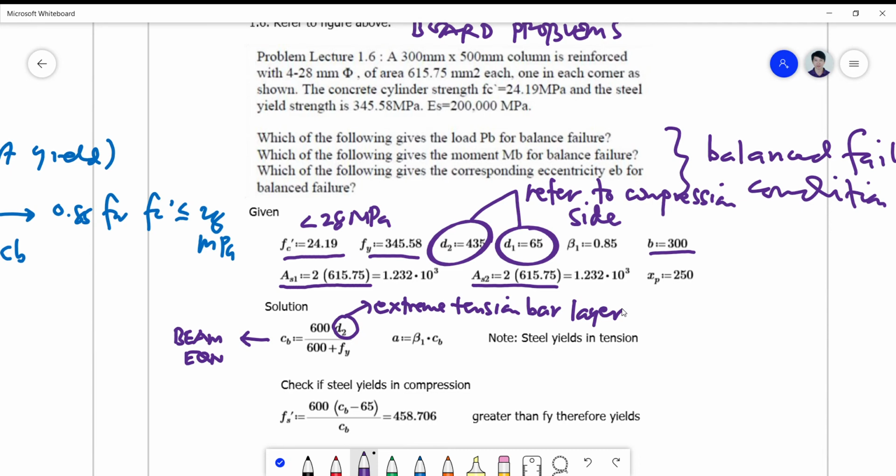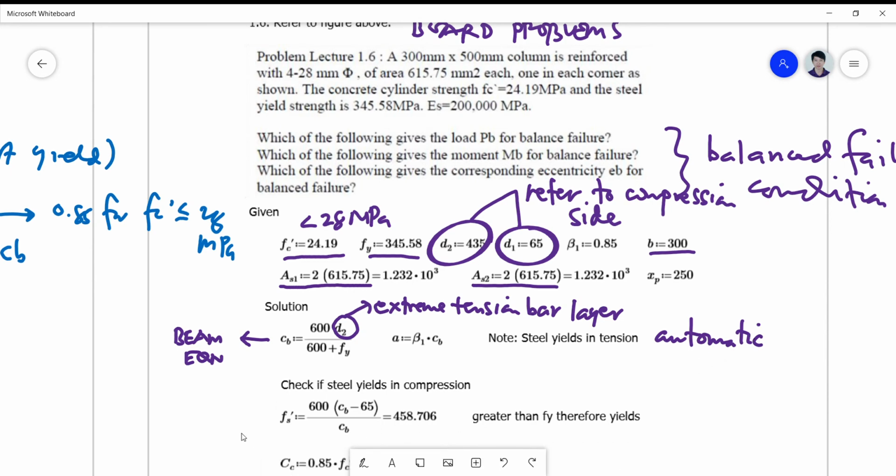So after solving for CB, you can now get your A by solving your beta 1 CB here. Note that the steel yields in tension is automatic. No? So for balance condition, this is automatically drawn. But for unbalanced condition, this must be checked.